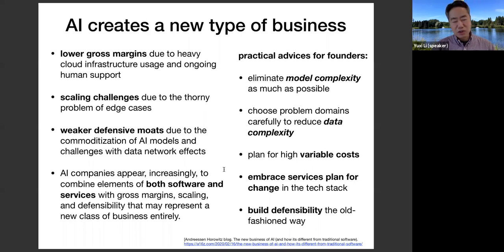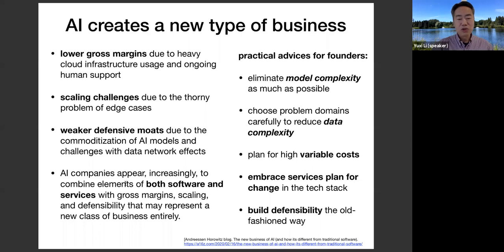AI machine learning refining is both software and services. An internet business can scale very fast because software can be replicated very easily. But for machine learning, there is still the property of services. We still need people to take care of some corner cases and to tune the system. So it's still hard to scale.